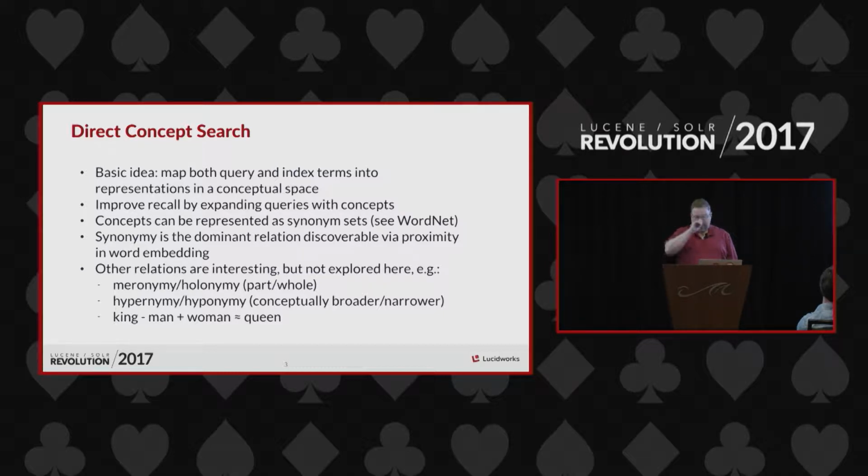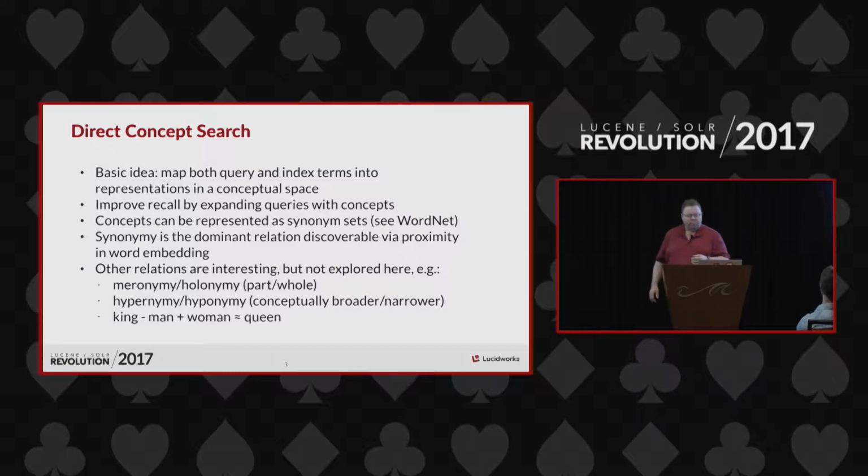Some examples that word embedding can represent: meronymy, holonymy, that's the part-whole relation; hypernymy, hyponymy, conceptually broader or narrower. And one of the standard examples given about word embedding vectors is that you can perform vector math on them to describe analogies. So in this example, if you subtract the vector for man from king and add the vector for woman, you come quite close to the vector for queen.